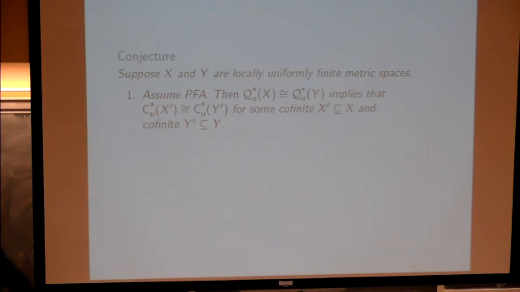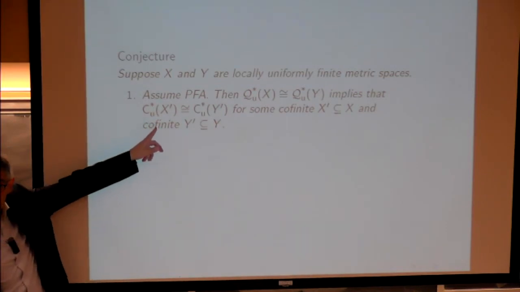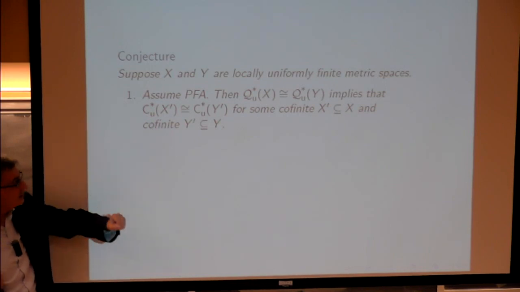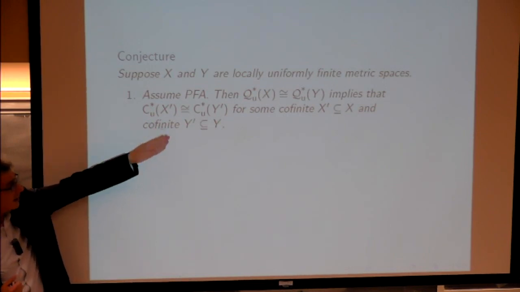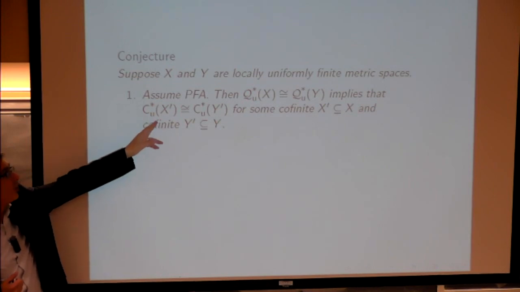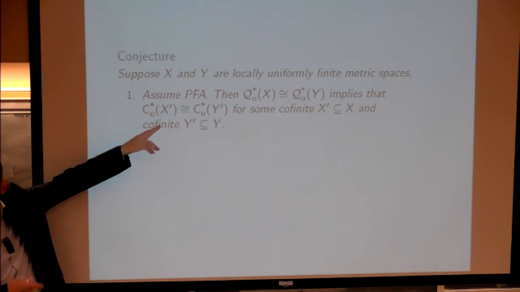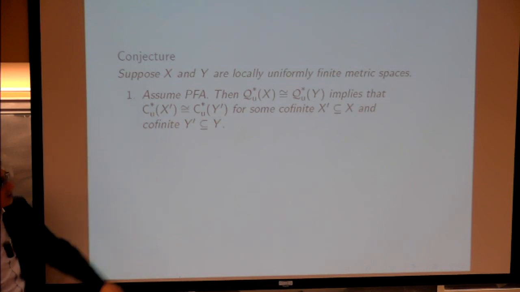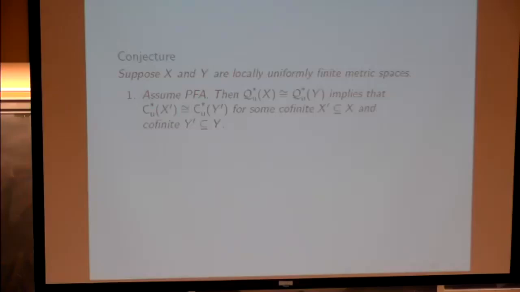Assuming PFA, which is pretty much the same axiom I used to prove that all automorphisms are inner, an isomorphism between coronas should imply an almost isomorphism between algebras. Namely, if you just remove finite subsets, the remaining algebras are isomorphic. And then by our other results, X and Y are coarsely equivalent.